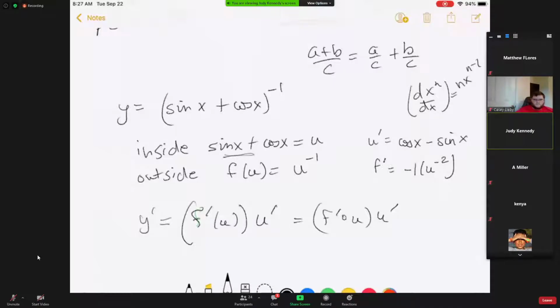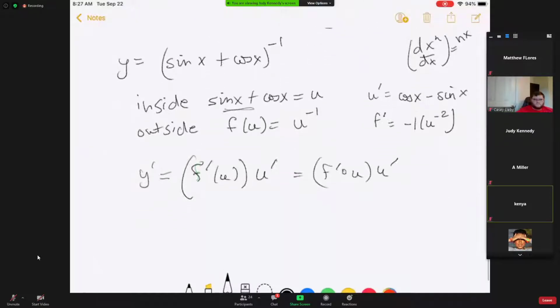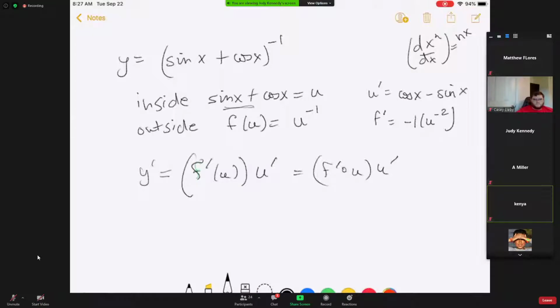Just using that rule, n here is minus 1. So we have all our pieces. F prime of u is minus u to the minus 2, and that gets multiplied by u prime.